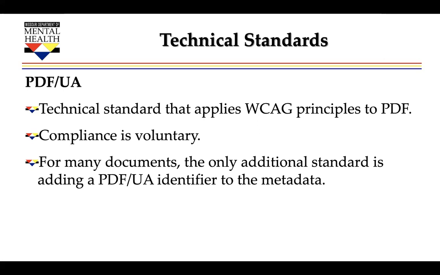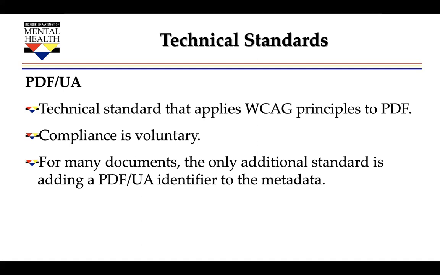But in most cases, for most documents I've worked with, the only additional step to achieving PDF UA compliance over the WCAG standard is identifying a PDF UA tag in the metadata, and that tells technologies and search engines that this particular PDF meets that PDF UA standard.